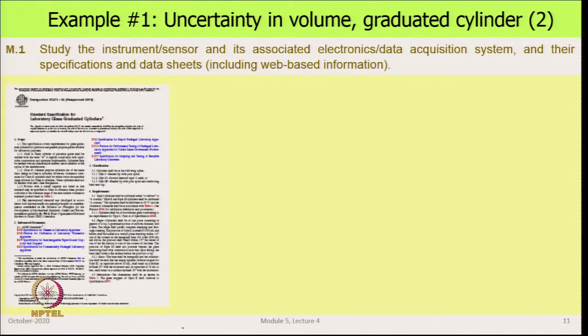So, we now start our step by step process to decide what is the uncertainty in the measurement. Our first step is to study the device, the instrument, sensor, electronics, and I mentioned web based information and even some standards. So, we come across a standard here, which is ASTM E1272-02.